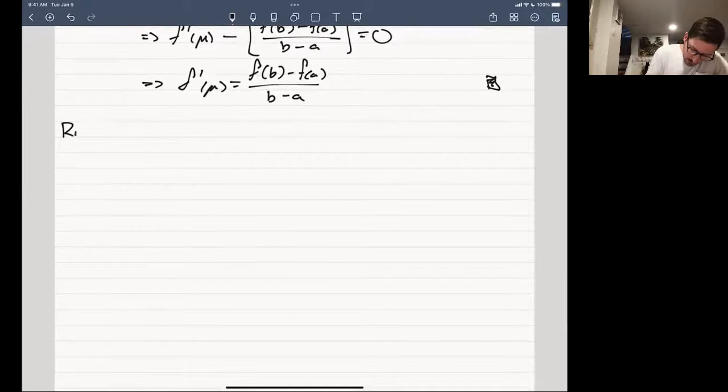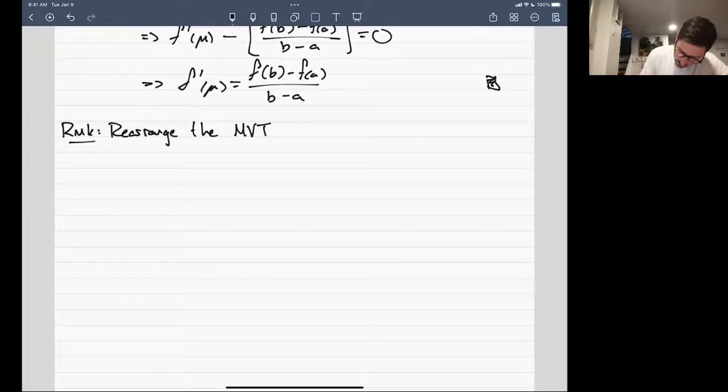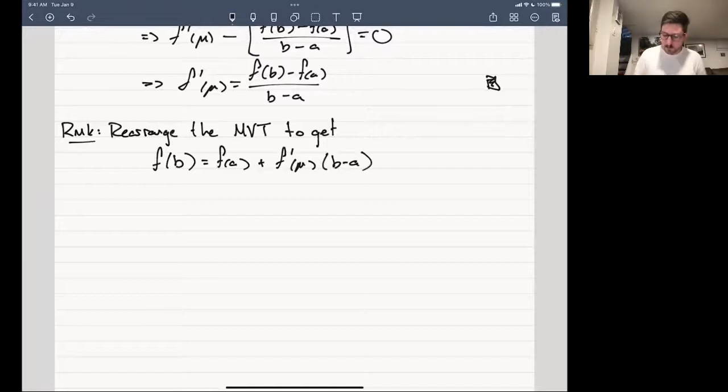Let me show you how this connects to Taylor's theorem. Let's rearrange the mean value theorem, MVT, to get f of b is equal to f of a plus f prime of mu times b minus a.